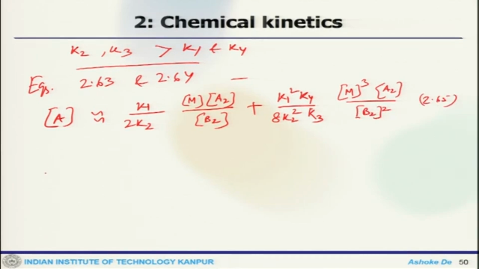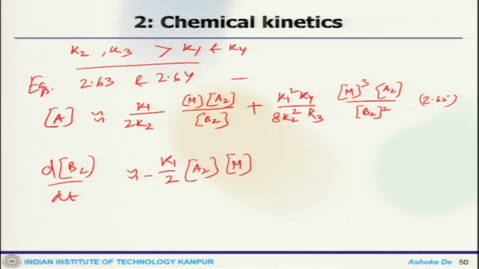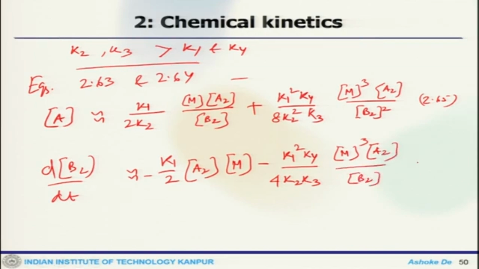So, dB2/dt would be K1 by 2 A2 M minus K1 square K4 by 4 K2 K3 M3 A2 by B2.